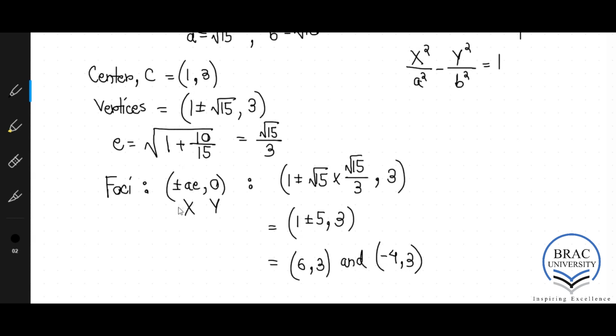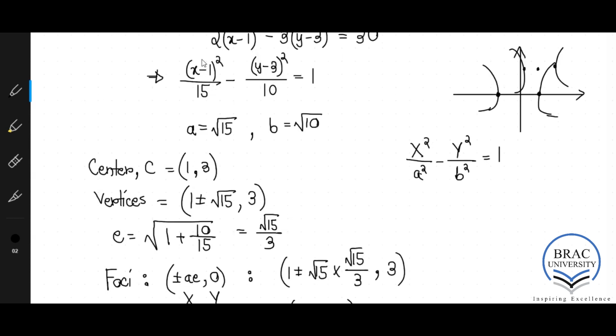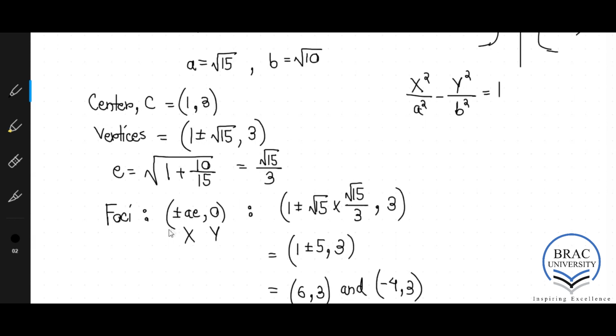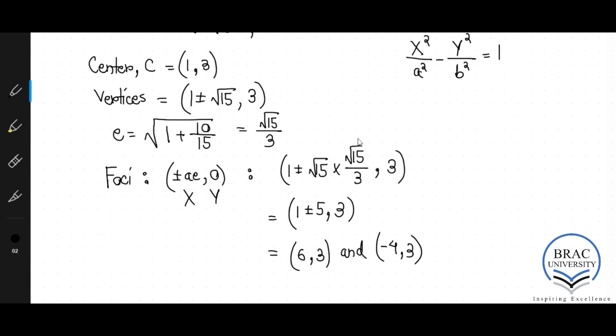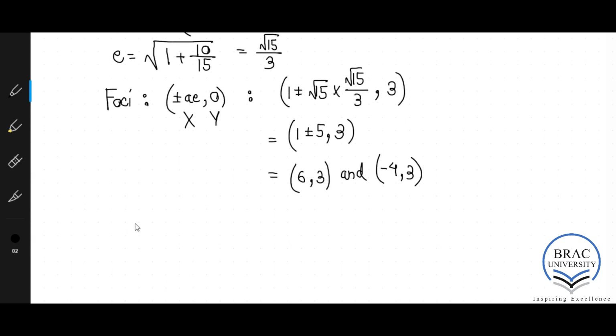Again, in this case, you can set x to be equal to plus minus ae, and then find out the x minus 1. So x minus 1 is equal to plus minus ae, x is equal to 1 plus minus a multiplied by the eccentricity, which is what we have. Equation of directrix. The equation of the directrices here is x minus 1 is equal to plus minus a over e, right?